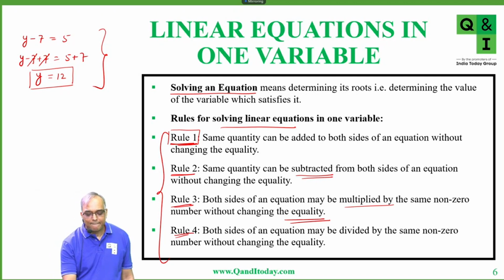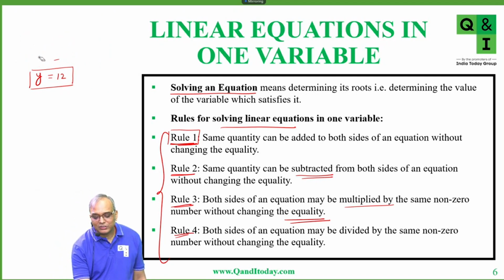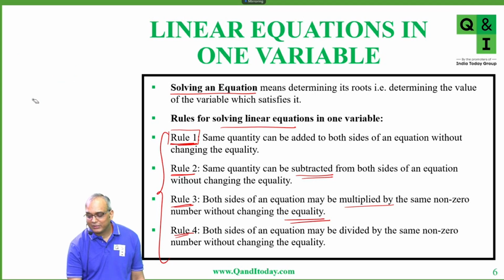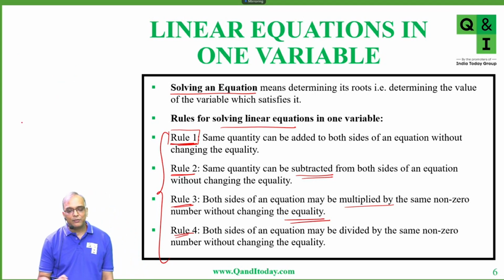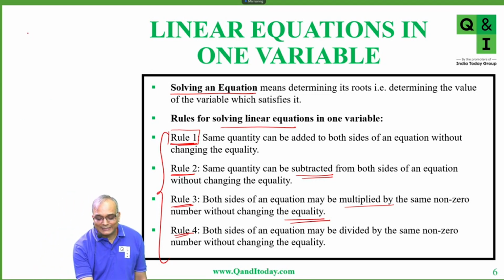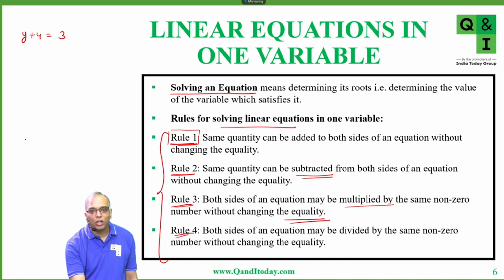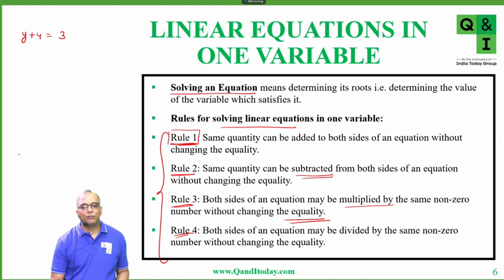Yes, sir. Now the second rule says that if you subtract the same quantity from both the sides of an equation, the equation does not change. So now let's say I come across an equation like this, y plus 4 is equal to 3. Now if I have to solve this, I have to isolate the value of y. So here I have plus 4 with y.